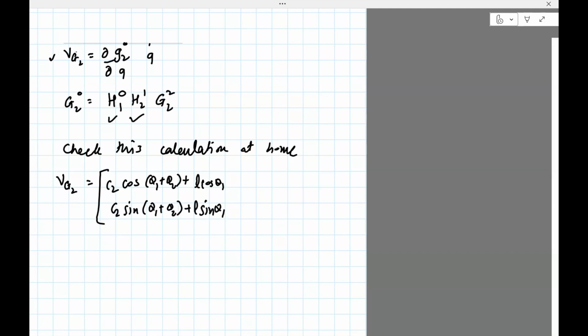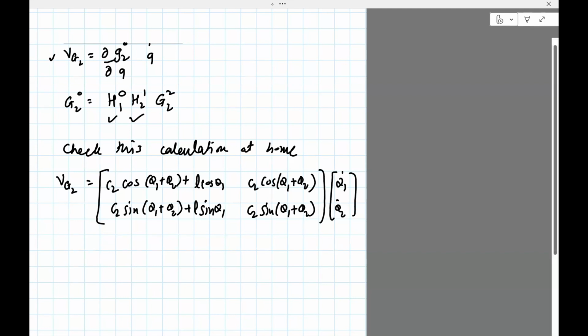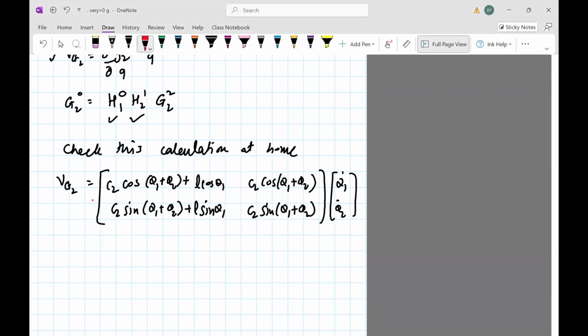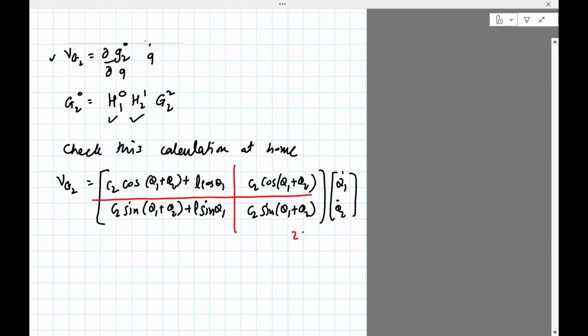So that's the first column, and then C2 cosine theta 1 plus theta 2, C2 sine theta 1 plus theta 2, then theta 1 dot, theta 2 dot. This is a 2 cross 2 matrix, and this is a 2 cross 1.